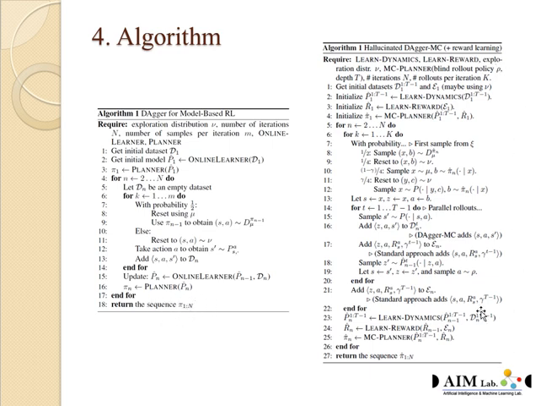And Hallucinated DAgger-MC consists of this part. It is complex, but it consists of two big parts. First, sample from psi, and then sample and do parallel rollouts, from the environment and the model.